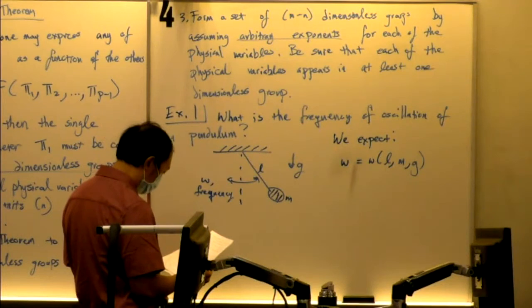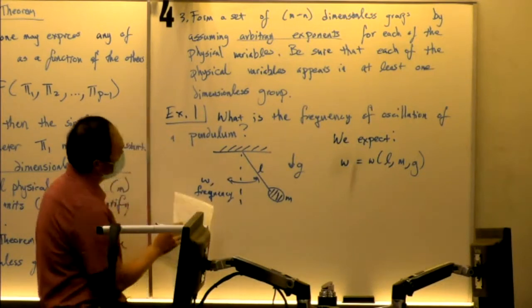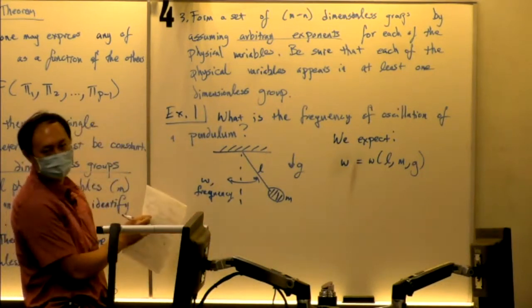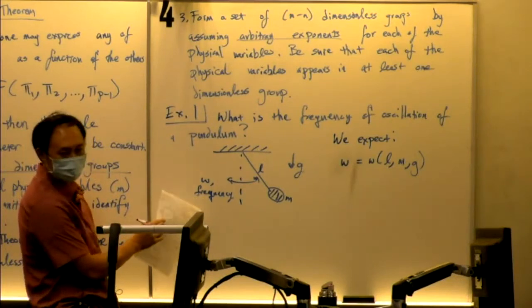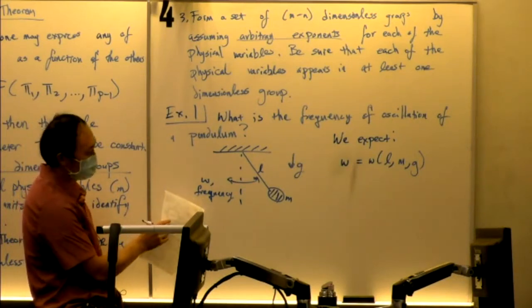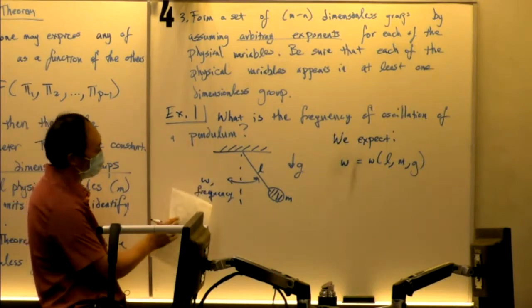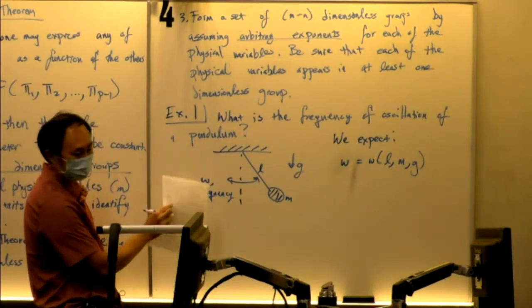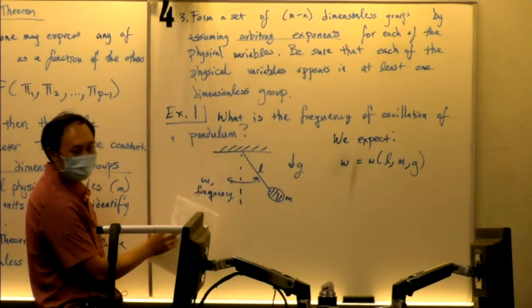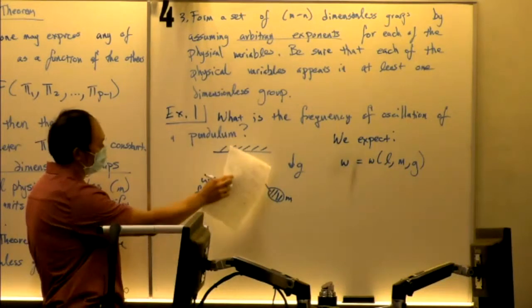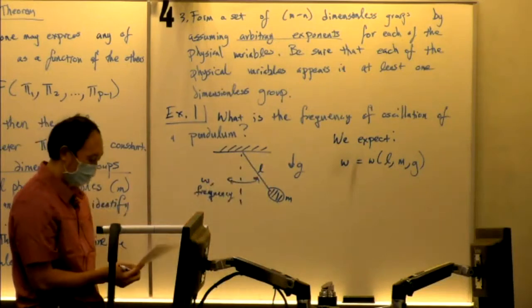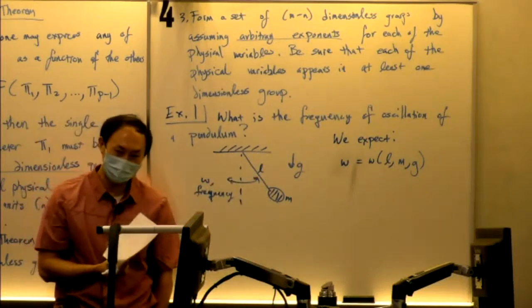Why is that? Now, maybe some of you remember going to the House of Pain and doing this problem in your physics course. To do this problem, you had to set up a torque balance, maybe F equals ma, or I alpha double dot equals something. There has to be a sine theta because it depends on the height of this thing in the gravitational field. Nice thing about dimensionless groups, you don't have to do any of that.